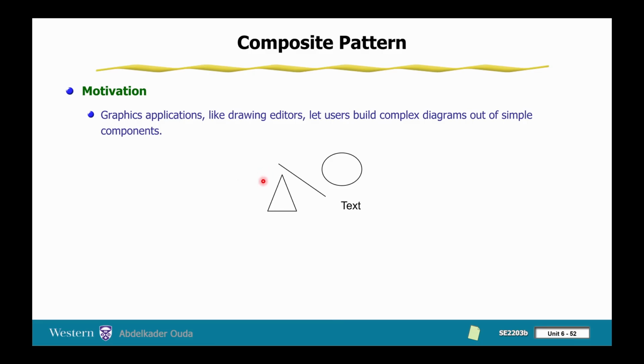And if the application is able to draw a line, circle, triangle, and add or embed some text, this editor should be able to draw a picture, because the picture is made out of this type of element.